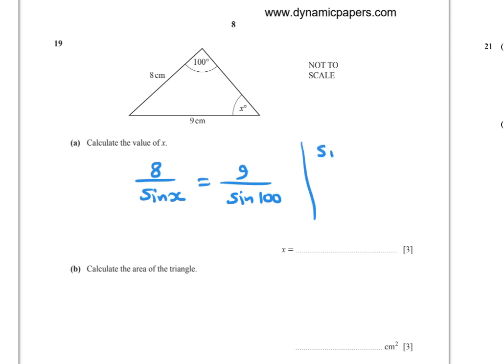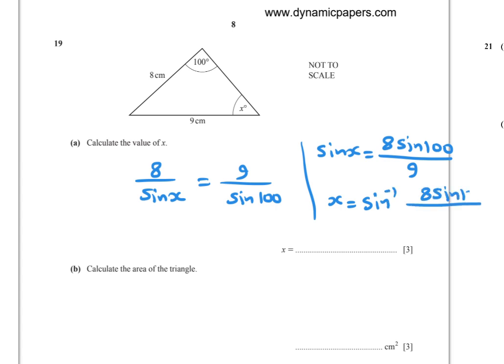So sine x equals 8 sine 100 divided by 9. Now to find x itself, sine inverse of 8 sine 100 divided by 9 equals 61.1 to 1 decimal place.